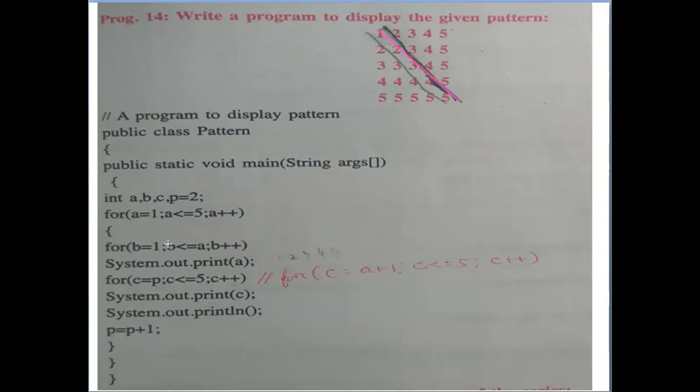Now B becomes 2, the condition is not satisfied, meaning it goes to the next loop. C starts from P. What is P? P is 2. See, this first inner loop has printed 1. That's all. And you see it is printing the value of A, the outer loop variable.